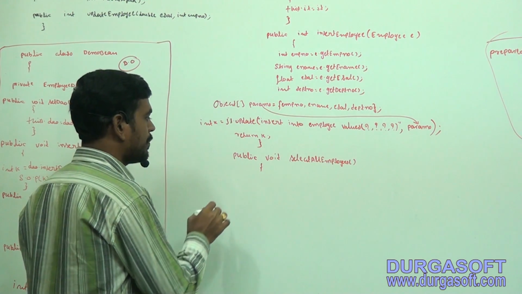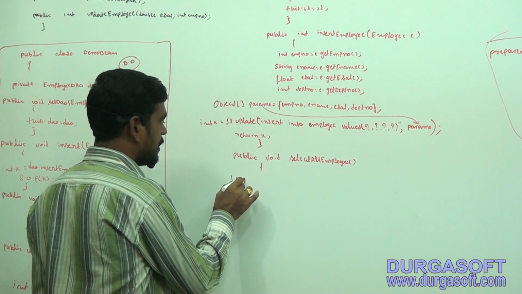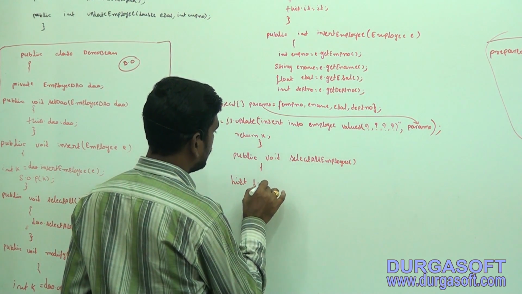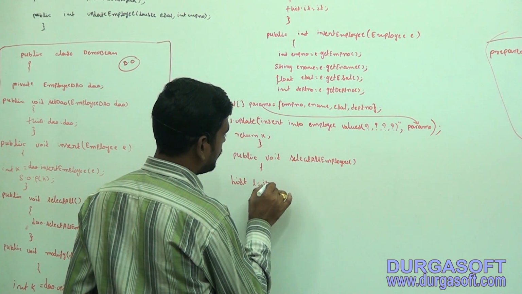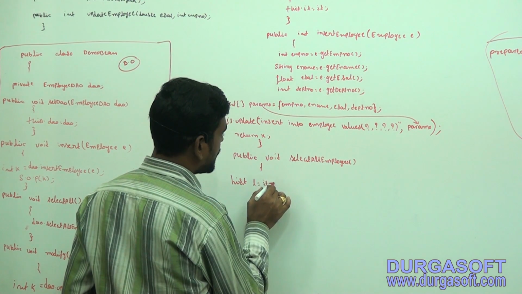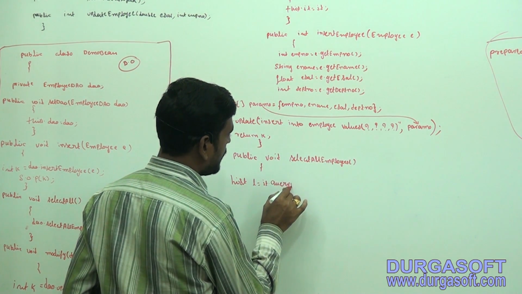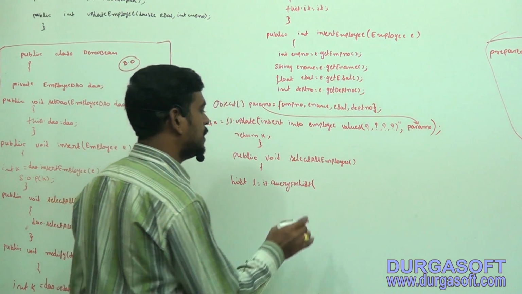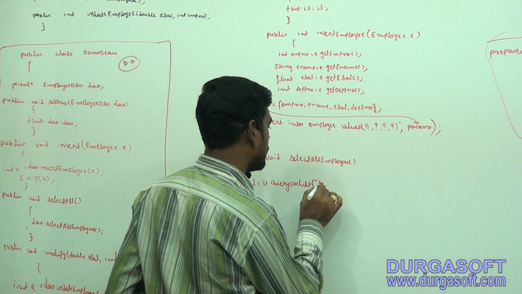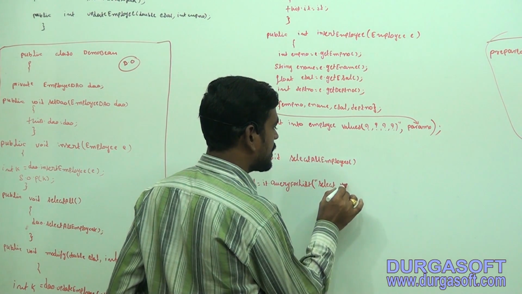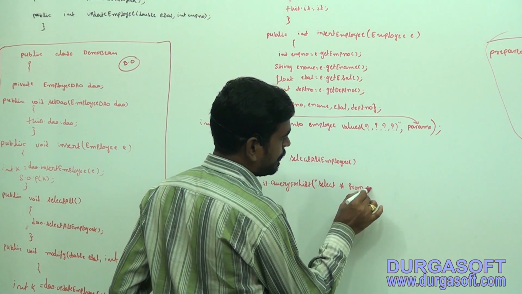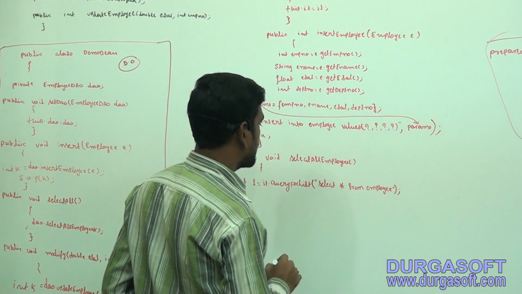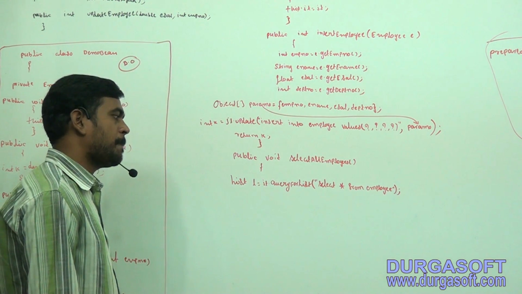The next, here we have to take like this: List l = jt.queryForList. Under that we can pass the query: select * from employee.